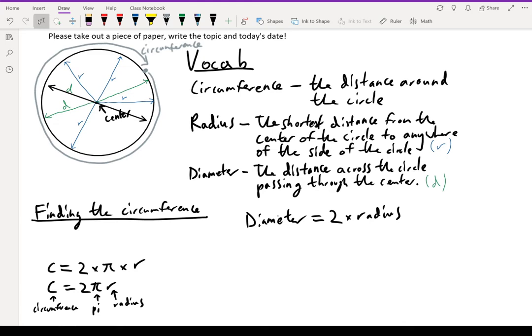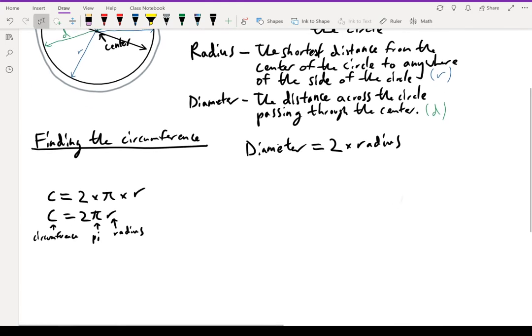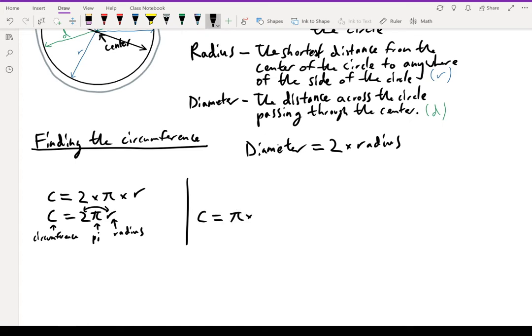So diameter is 2 times the radius. So since you see that there is a 2 times the radius, we can actually also write the circumference as pi times the diameter, or you can write it as pi d, where d is the diameter.